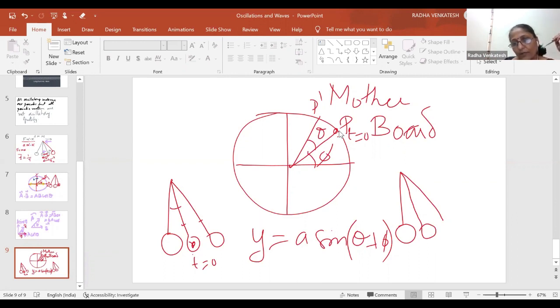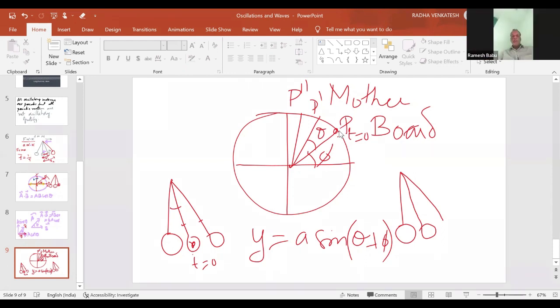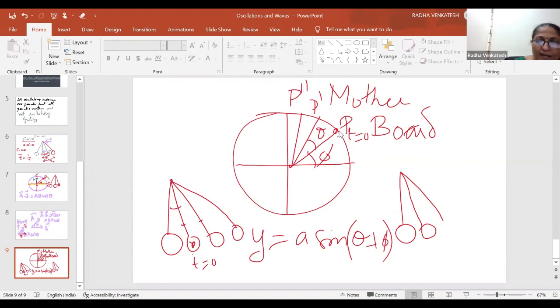Now after some time, if I move to this position, say P double dash, is that phi going to change? Are you getting me? Yes, ma'am. This is P dash, this is P, this is P double dash. Now, will this phi change?